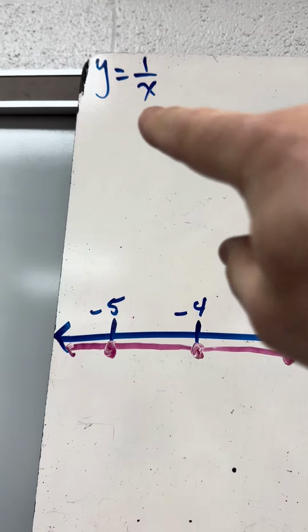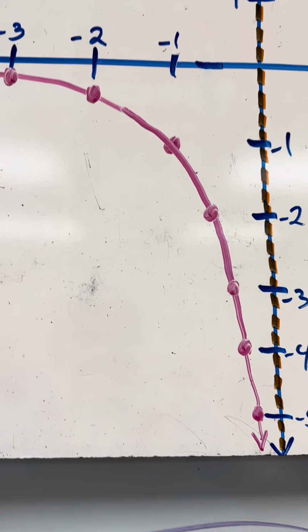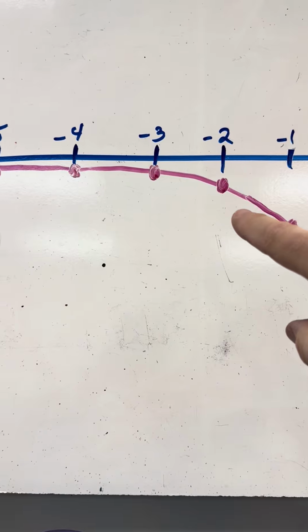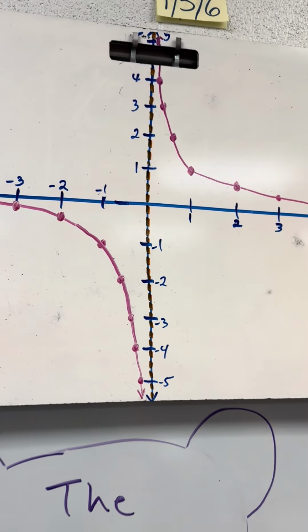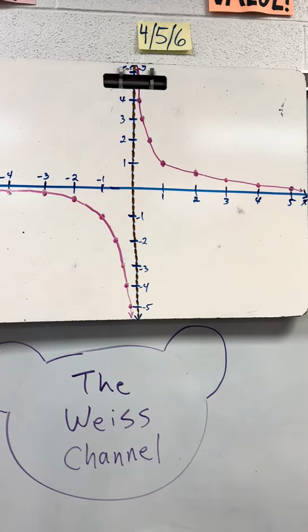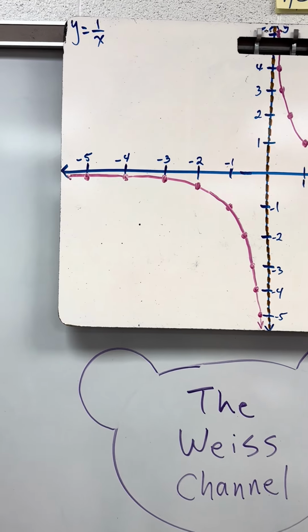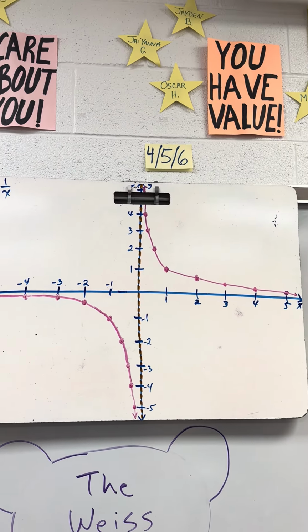By the way, if I put in -1 for x, I get -1, -1. If I put in -2, I get -1/2, and so forth. Just the opposite of this graph. So this is the graph of y equals 1 over x. And by the way, y is the same as f of x. Y and f of x are the same thing. Okay?